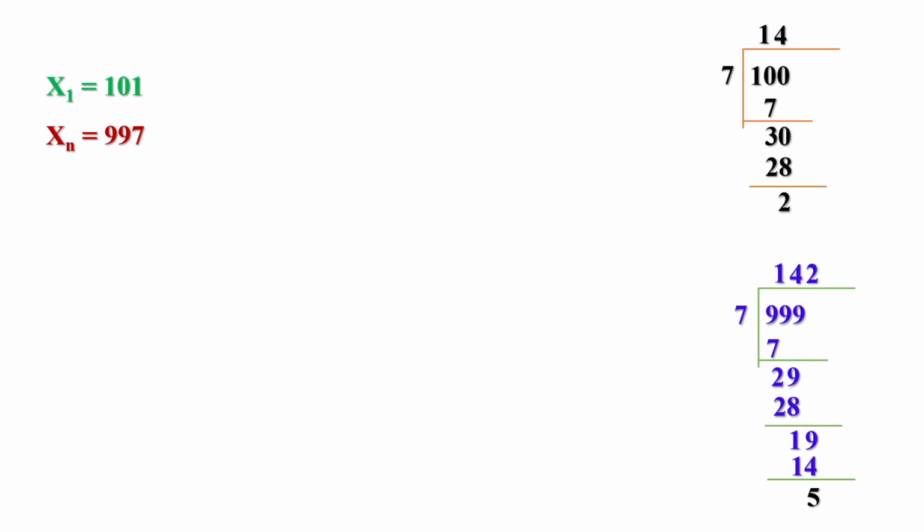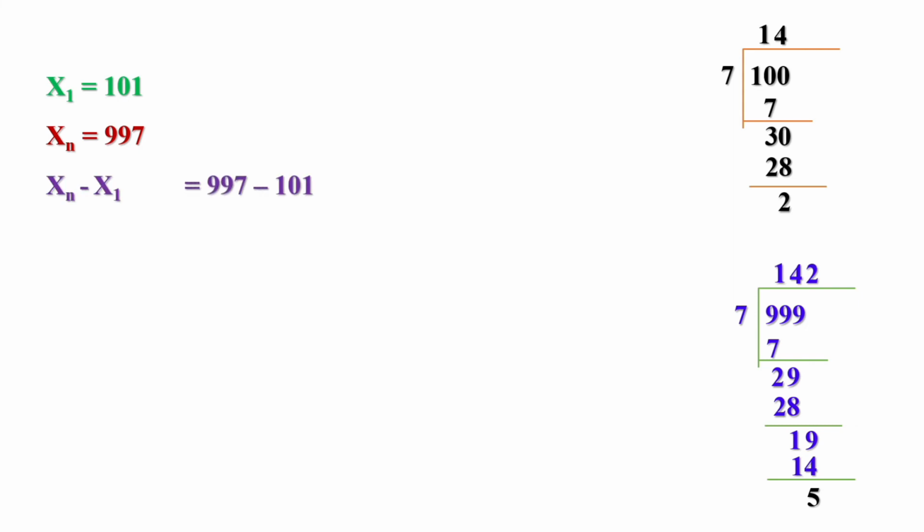And all these sequences are arithmetic sequences with common difference 7. So here also the common difference is 7. And again we have learned that the difference between any two terms of an arithmetic sequence is always a multiple of 7, the common difference. So let us find the difference between the last term and first term.